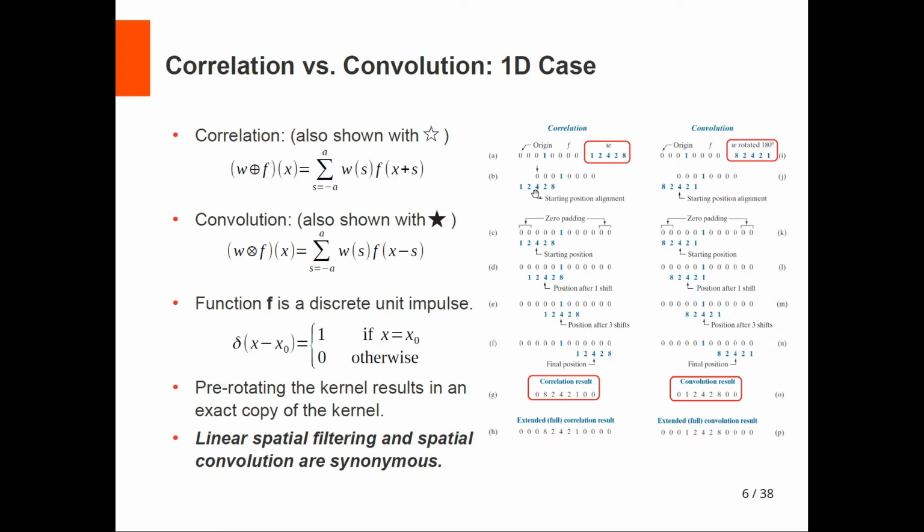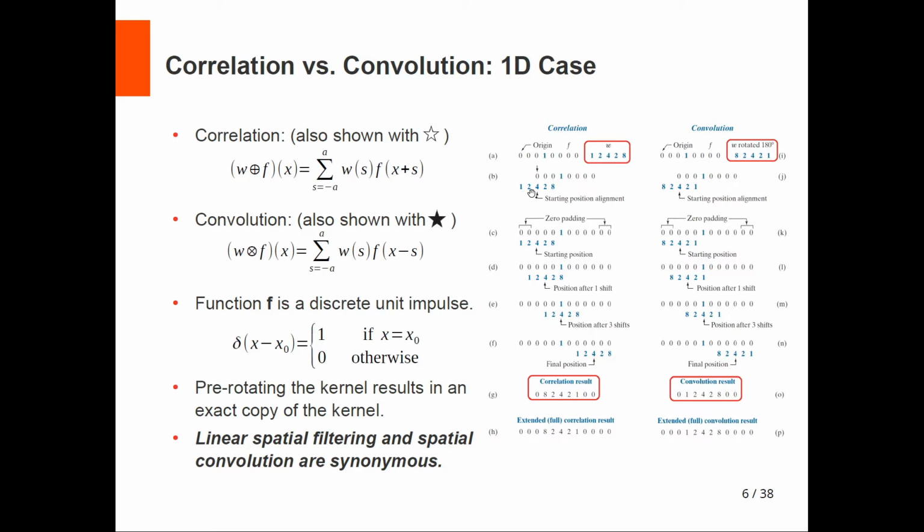But the first thing that we notice here is that when we align the center of the kernel with the first pixel of the image, there are two values that fall outside the boundary of the image. So in effect, the calculation is undefined for these two values.